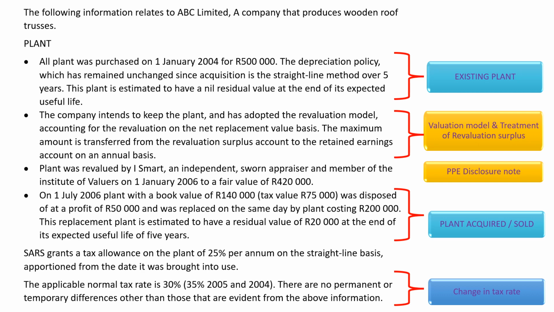Now, just by reading this fact pattern, it's a given that the question is going to ask you for some sort of deferred tax balance sheet workings. It's going to possibly ask you for a deferred tax note, for a tax expense note, as well as a PPE note. Videos that will follow will then cover each of these requirements and tackle it in bite-sized portions.